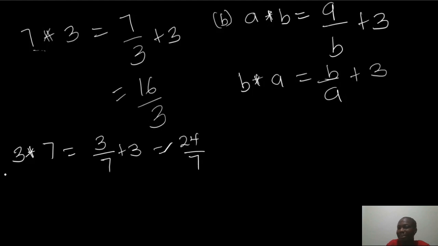So 24 over 7 and 16 over 3 are not the same. So from this, a over b is not the same as b over a. So it means it's not commutative. And when we use the numbers, we've seen that we are not getting the same result. So this one shows that the operation we're given is not commutative.